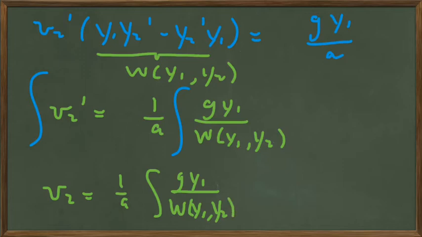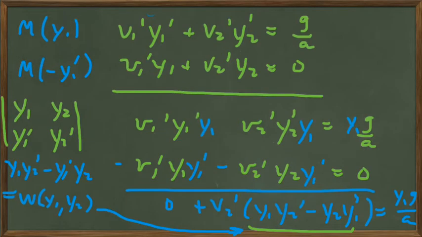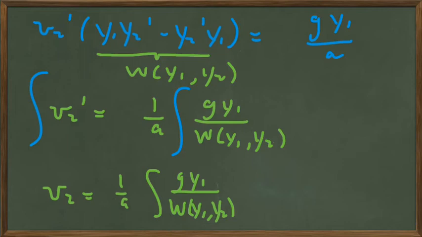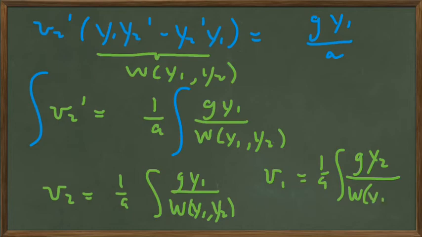If we went back through this and eliminated this second column here, it shouldn't be hard to see that v1 would have a similar structure. It's almost exactly the same. g times, guess what? Not y1 but y2. The Wronskian of y1 and y2 would still be down here in the denominator, and the only difference is that we have a minus sign out here.